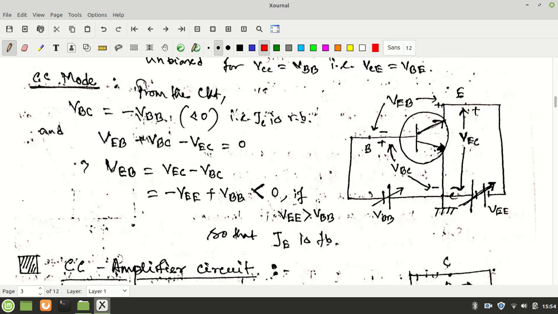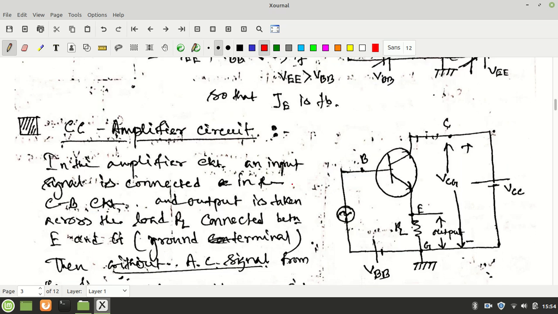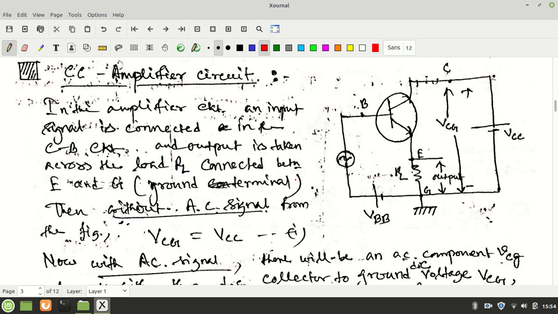Similarly, the common collector mode is explained here. It is a common collector amplifier circuit. I'll suggest you to come back to this connection, but I'm just discussing here.